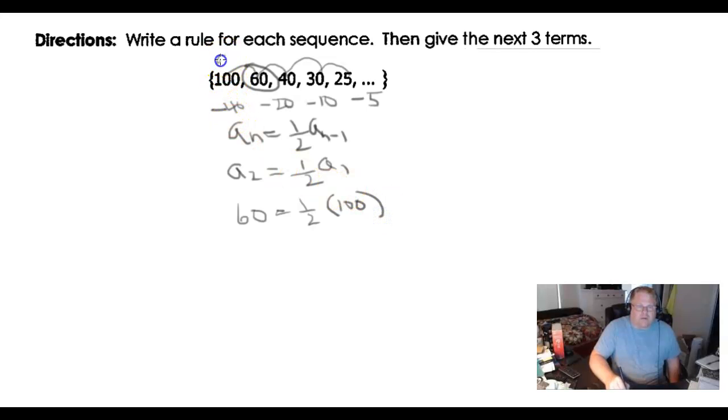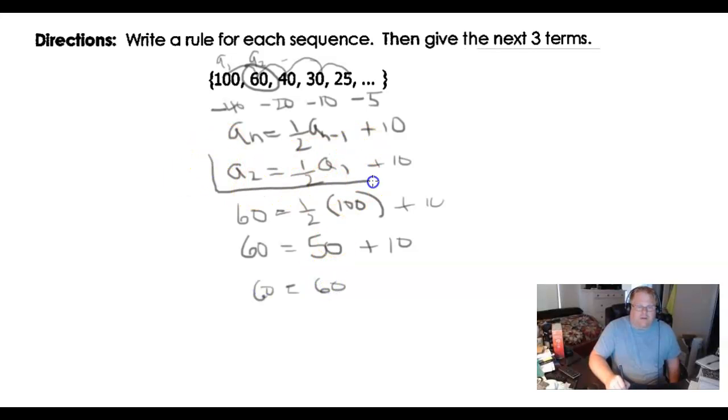That's a1. Remember, this is a1, a2, and so on. Half of 100 gives me 50, but a2 is 60. So it looks like I'm going to need to add 10 to this in order to get it to work, to balance the equation out.